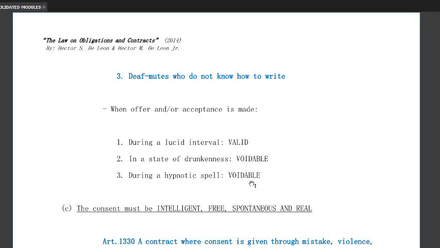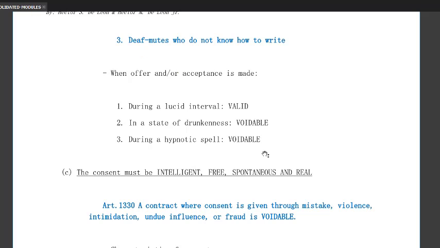So, under 1330, a contract where consent is given through mistake, violence, intimidation, undue influence, or fraud is considered voidable. So, kasi po, under 1330, actually, it shows us ano yung mga vices of consent.